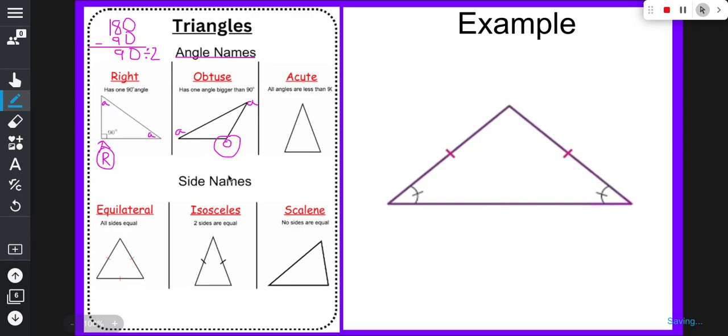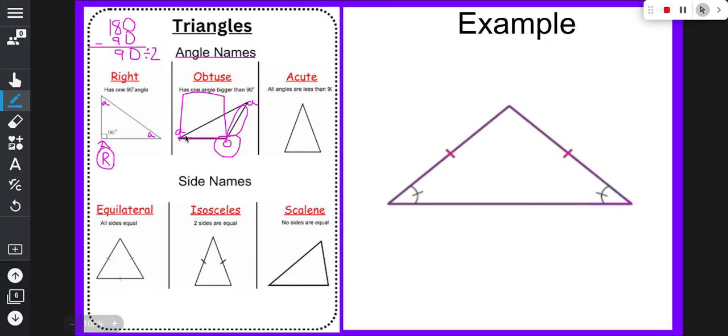Now, how can you measure these if you don't have a protractor or can't use one, like, say, on a test? Remember, the edge of a piece of paper is 90 degrees. So you can stick a piece of paper right on here, and if the piece of paper shows a line outside of the piece of paper like it does right here, then you know it's bigger than 90 degrees, and that must make it obtuse.